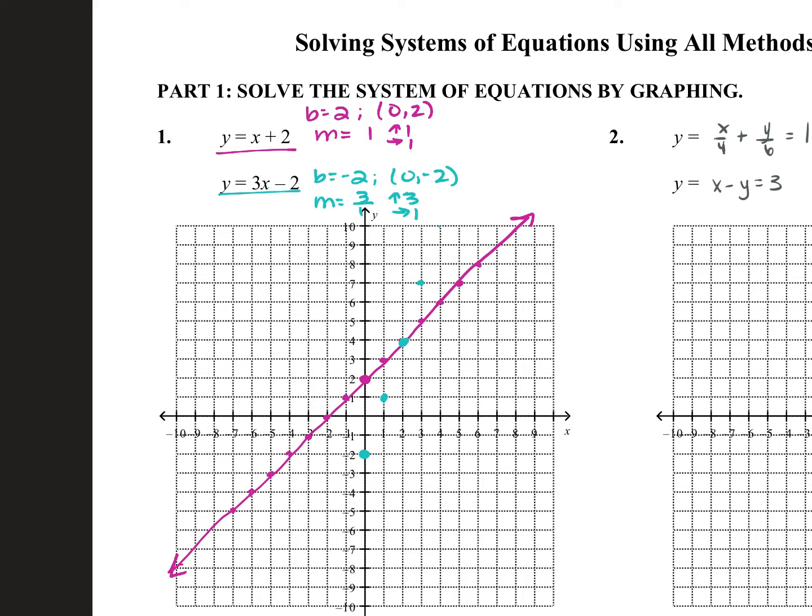We can also go down 3 and to the left 1. So you'll see that these two lines cross at this ordered pair here, which is 2, 4.